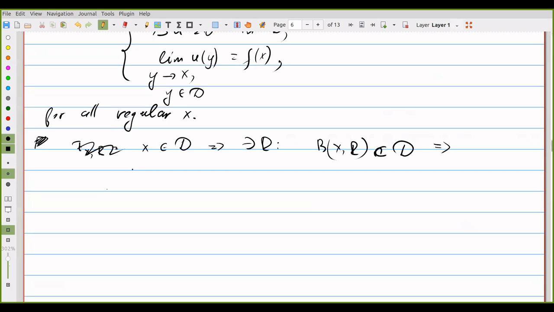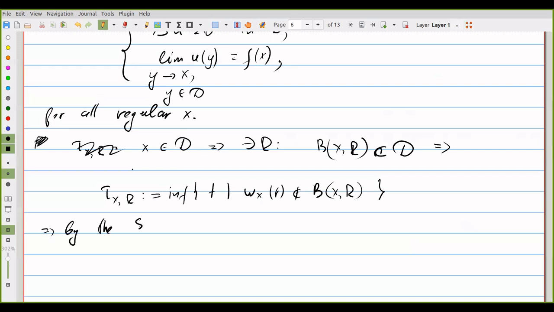And now we can introduce tau_{x,R} as the infimum of those t such that the Wiener process leaves the smaller ball. And now we're going to apply the strong Markov property.